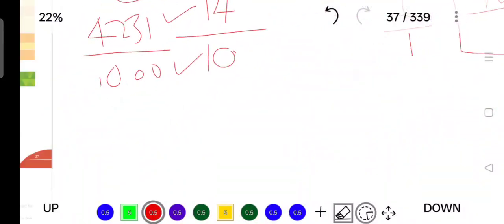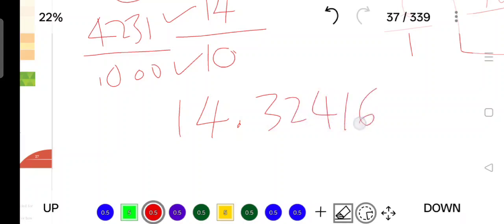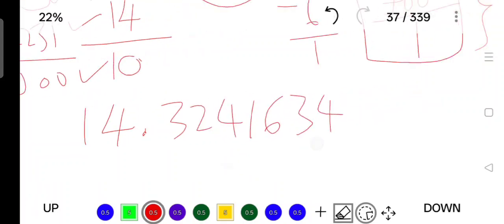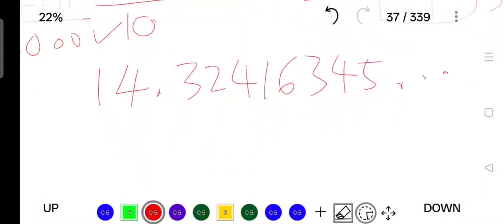All right, so next we can go to numbers like this, 14.324164, and so on. I still have 3 more dots at the back. Okay, the number is never ending. So can you actually convert this number into a rational number?